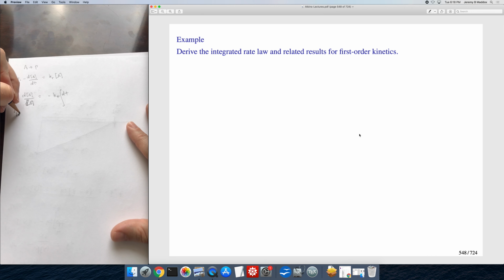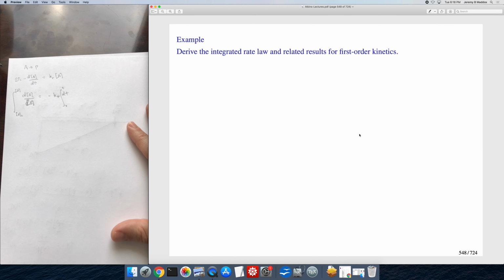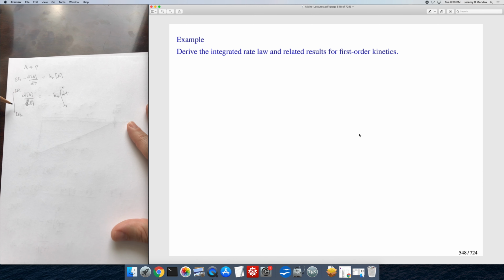We'll integrate the concentration from A0 to A, and we'll integrate the time from 0 to t. This integral is the same as what we had before, but this one is different. But we've actually seen this type of integral before. dA over A, very similar to dV over V from thermodynamics, and the result is the same.